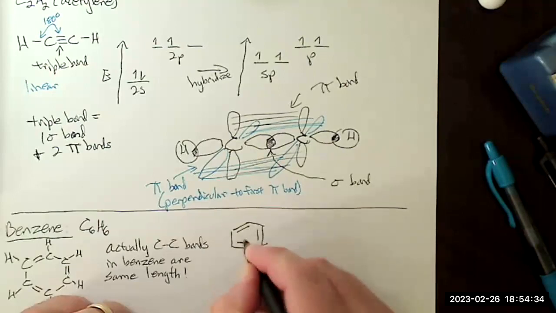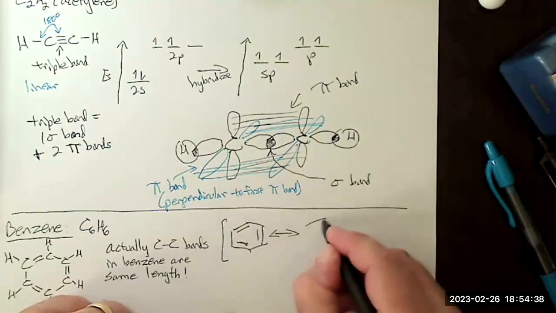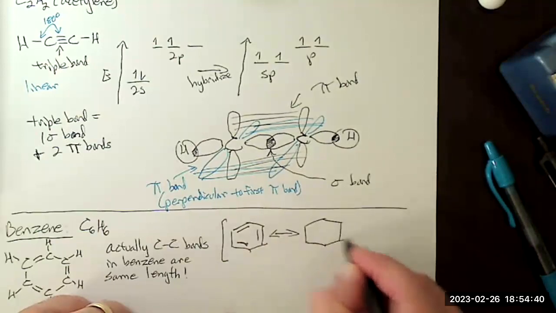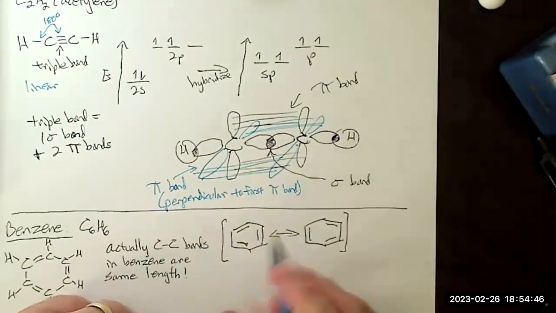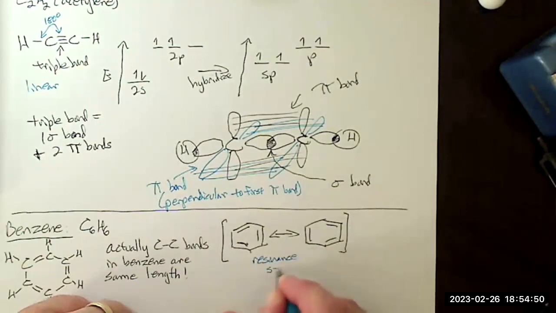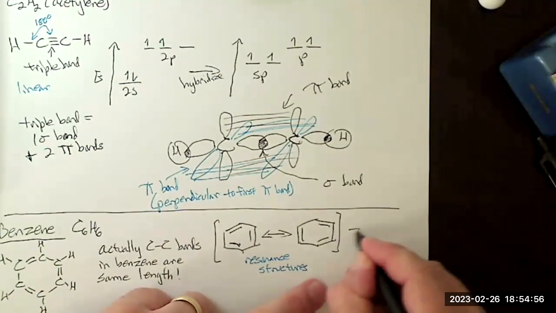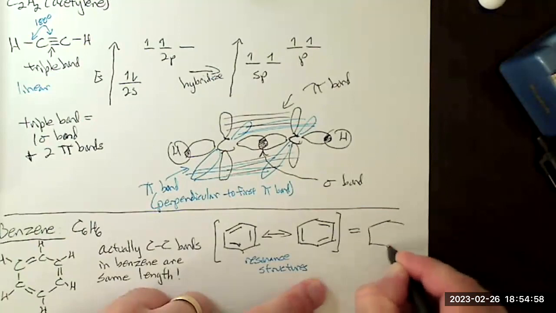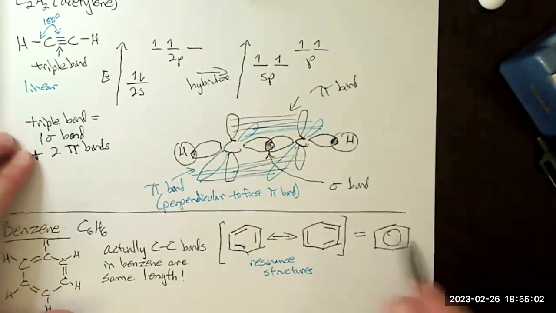I'll talk more about resonance structures later. And sometimes we would just represent this as this hexagon with a circle in it.